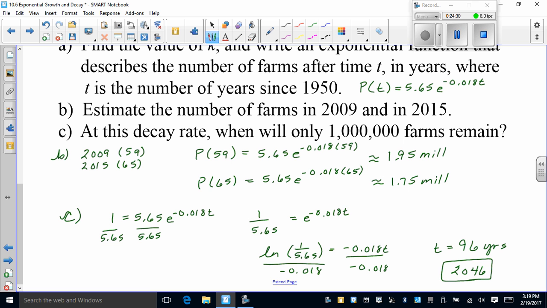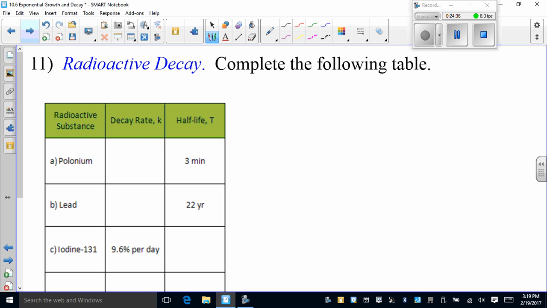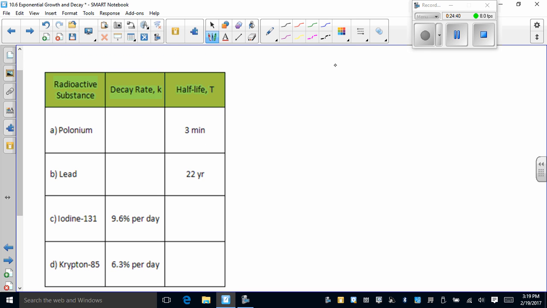Okay, this is the last bit, radioactive decay. Okay, and remember I was telling you if you're doing half-life, where double was 2 equals, this one is going to be half equals e to the kt. Remember, k is going to be negative, and every one of these k will be negative. So we got to identify k will be less than 0 because we're talking half-life.